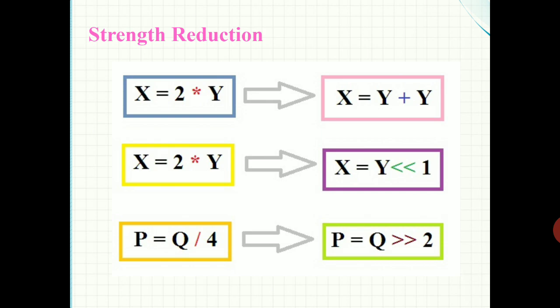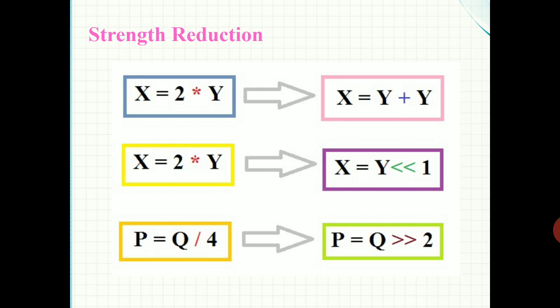If you want to perform division by 16, we have to perform 4 right shift operations. That is the idea. Here in our example, p = q / 4, we have to perform the division operation by 4. Instead, we can perform a right shift operation by 2.